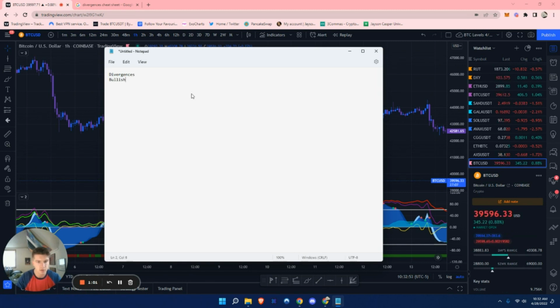So again, for bullish divergences, a bullish divergence is price decreasing as momentum is increasing. So again, looking at the momentum and price.